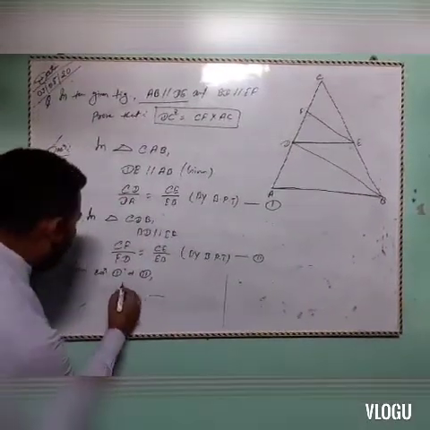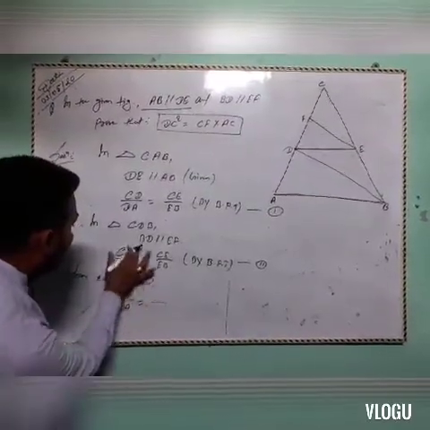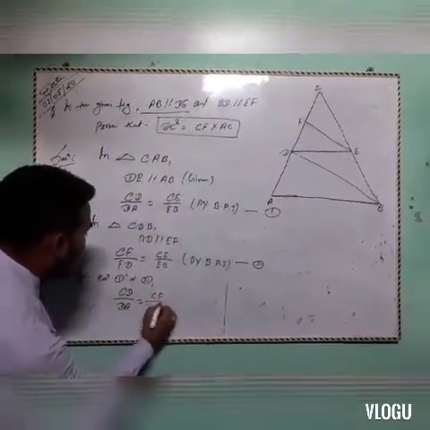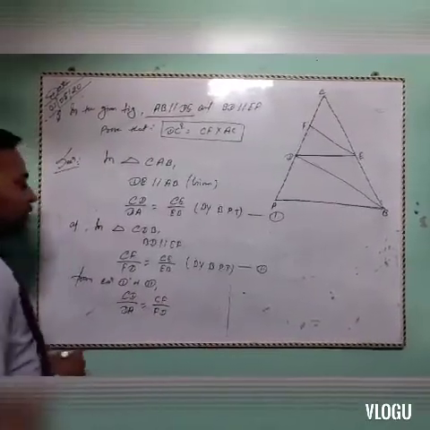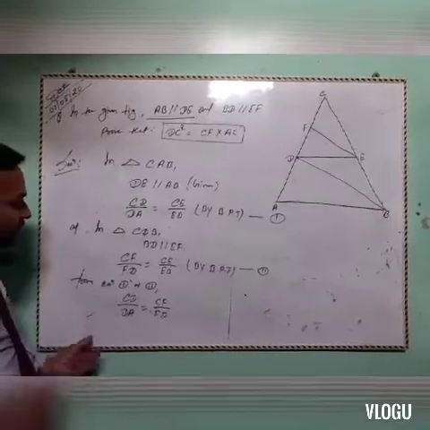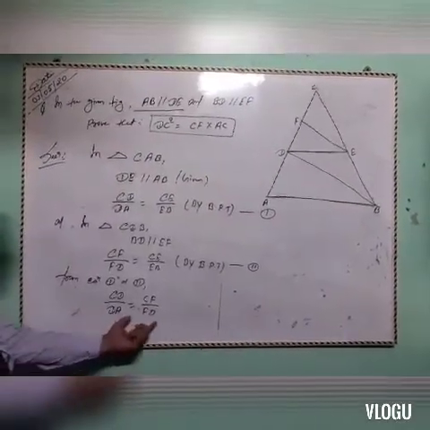Then CD by DA equals CF by FD. Now, students, we write the reciprocal of both sides.